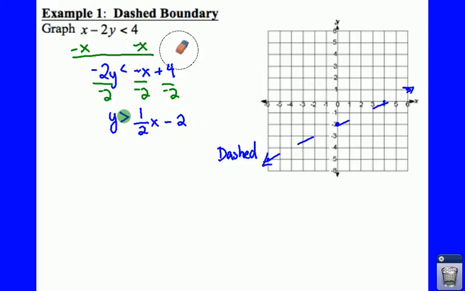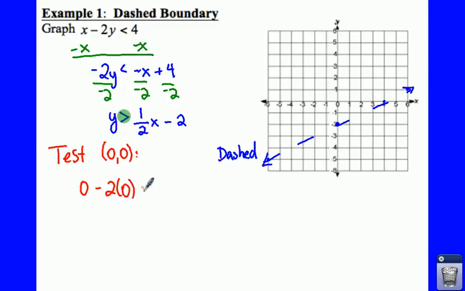Now we need to figure out if we are going to shade above or below. So this is where you want to test a value. 0, 0 is not on our line, so we're going to test the point 0, 0. When we plug these in, plug it into your original inequality or the one you solved for y, it doesn't matter. If I plug it into the top, I get 0 minus 2 times 0 is less than 4.